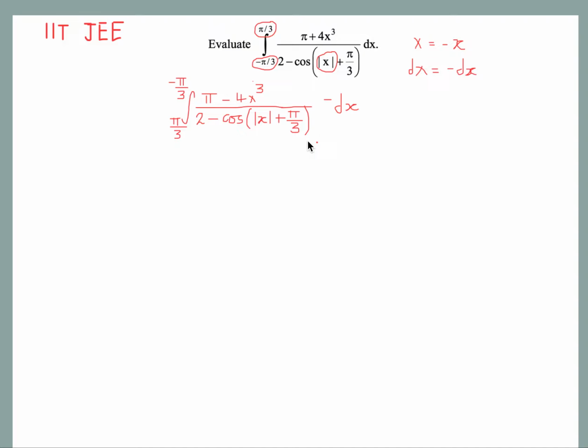Now one thing that I can see immediately is that these limits are different to these two. They've just been swapped because of the substitution. But all of this is being multiplied by this negative, which has come from our substitution. If you multiply an integral by a negative, the limits can swap back over.